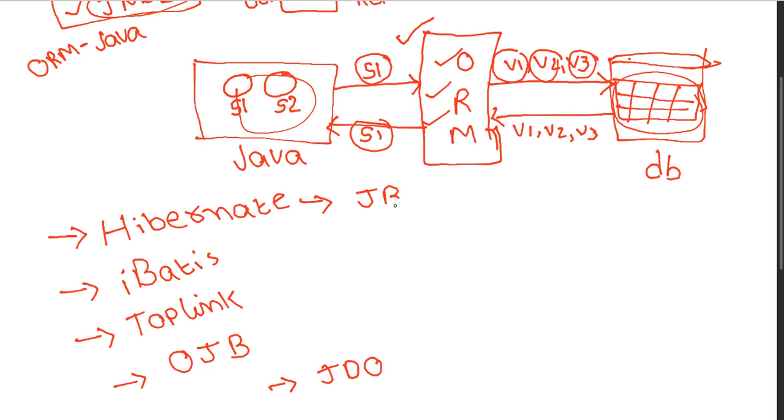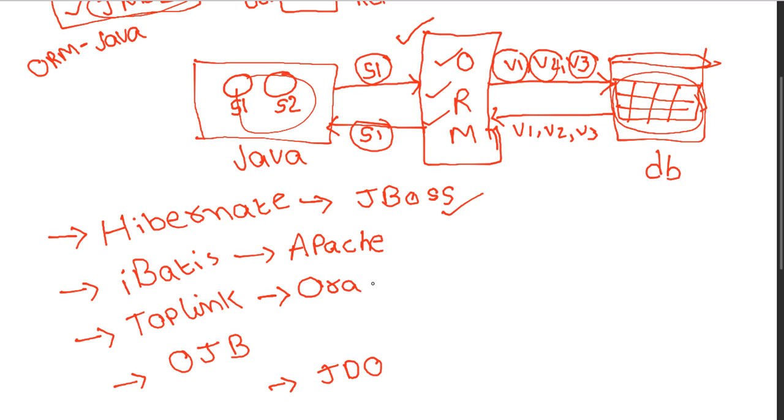Hibernate is given by JBoss. JBoss is the company. Presently Hibernate comes under JBoss. iBatis comes under the Apache organization. It is also a very famous tool after Hibernate. TopLink is given by Oracle only.